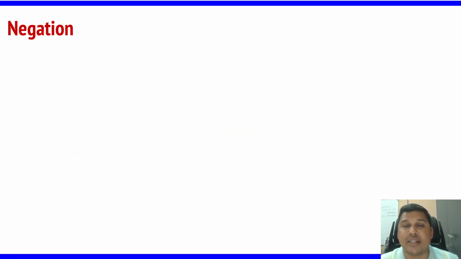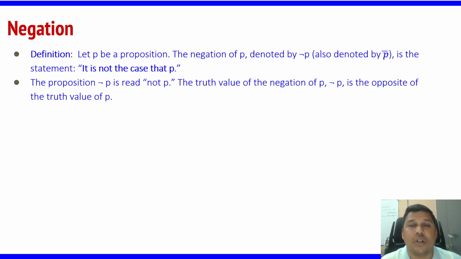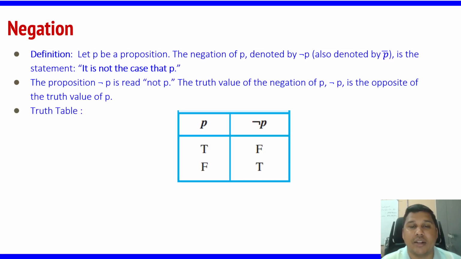Its truth table is very simple. Let's see the truth table. Negation of P is denoted by this symbol or P bar. Its meaning is, it is not the case that P. So the truth value of the negation of P is the opposite of the truth value of P. See, if the value is true, its negation is false.